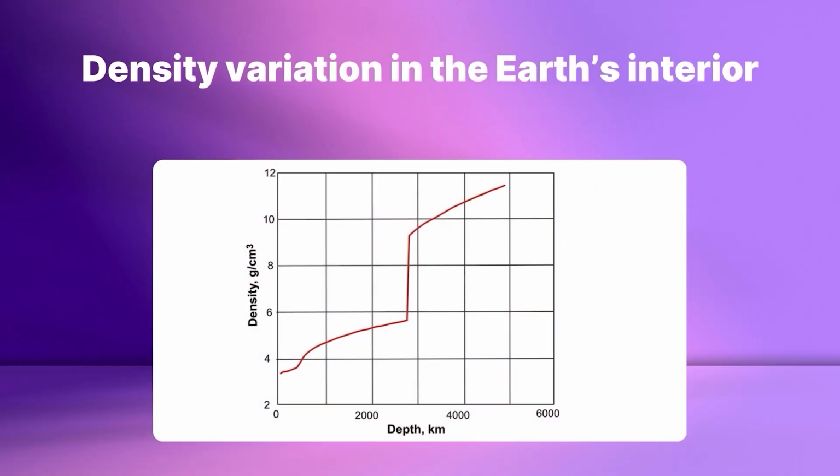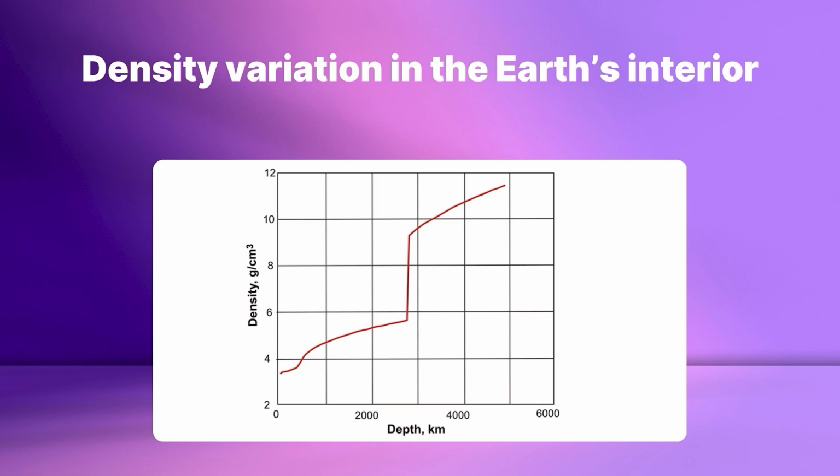Now density variation in the earth's interior is shown in this figure. You see here the density is very low and it gradually increases with depth.